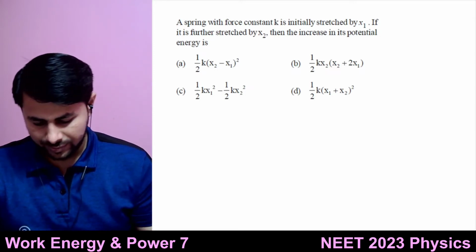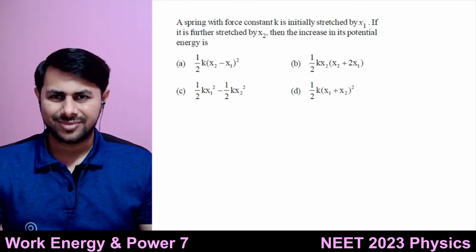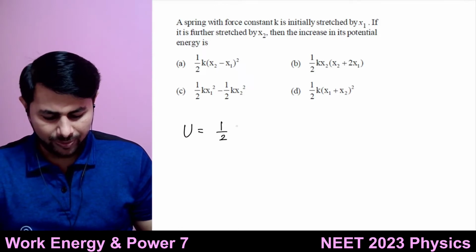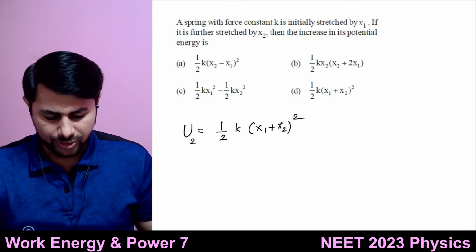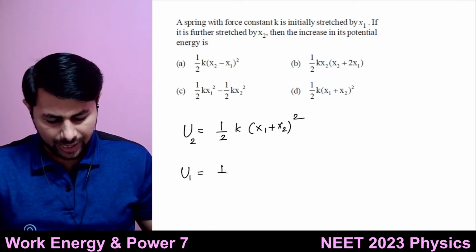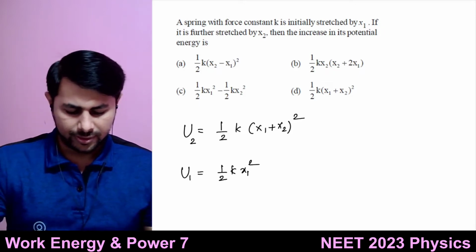So what will be the total stretching? x1 plus x2, right? So final potential energy can be written as half of k multiplied by the total stretching (x1 plus x2) square. This is, suppose, U2. And U1 can be written as half of k multiplied by x1 square, right?